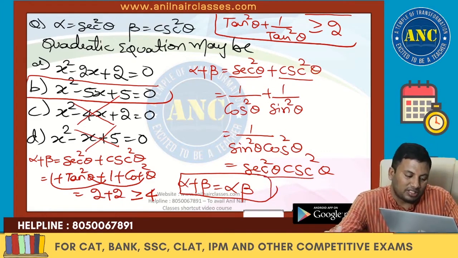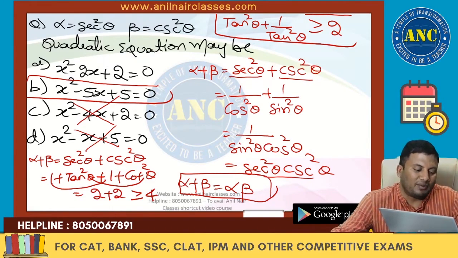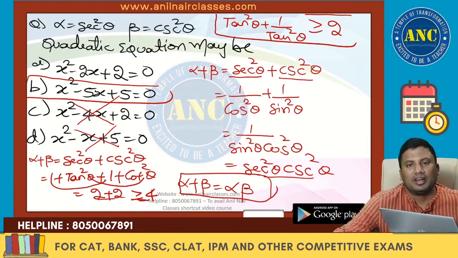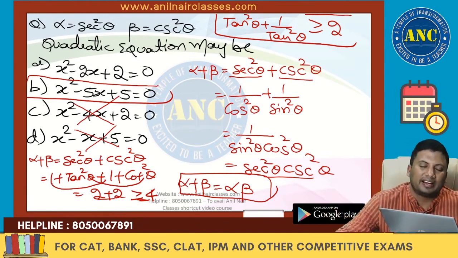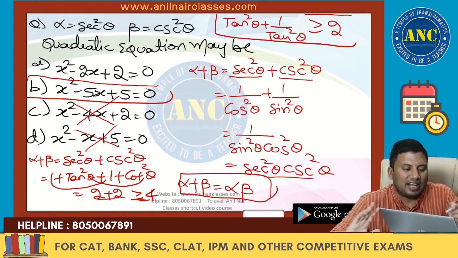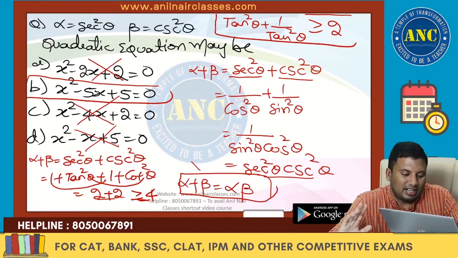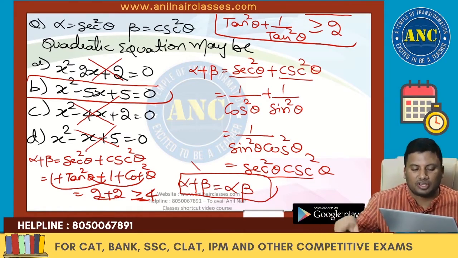Sum of the roots is equivalent to product of the roots. So 1 plus tan square theta, 1 plus cot square theta, 2 plus 2 greater than or equivalent to 4. The sum or the product of the roots will be greater than or equivalent to 4. First answer is not possible. In the third and fourth, this condition is not being satisfied, for C and D. So the option for this question is B.